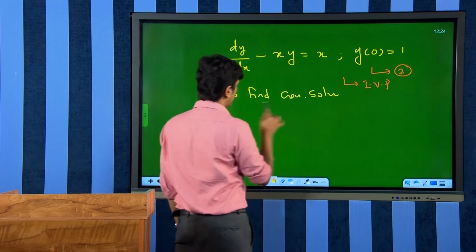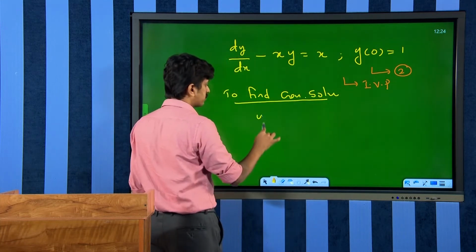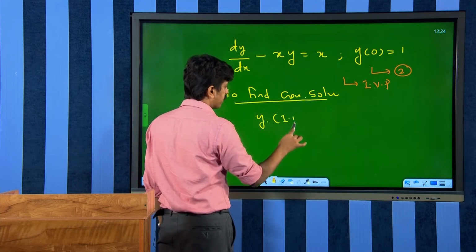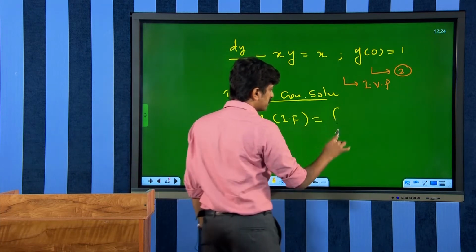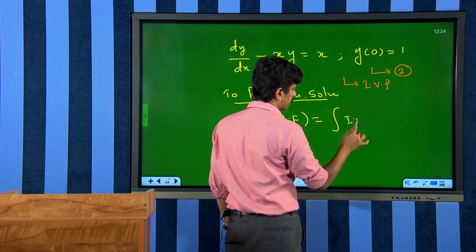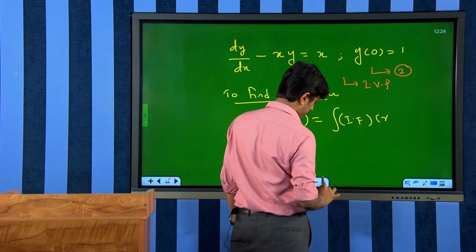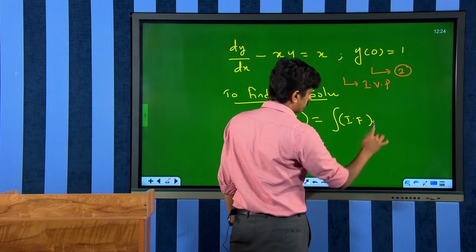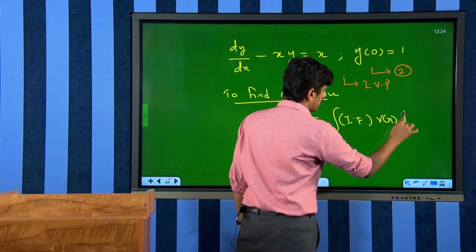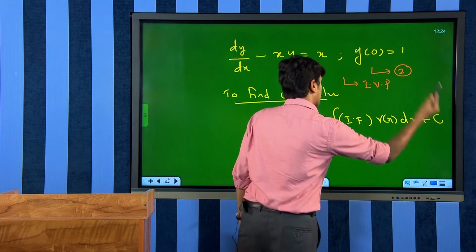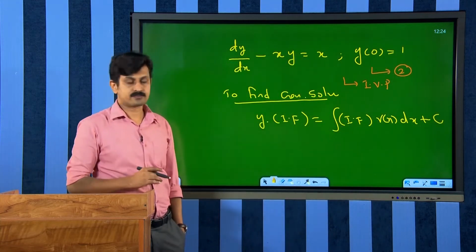We use the formula: y times the integrating factor is equal to the integral of the integrating factor times r of x dx, plus the constant of integration c.